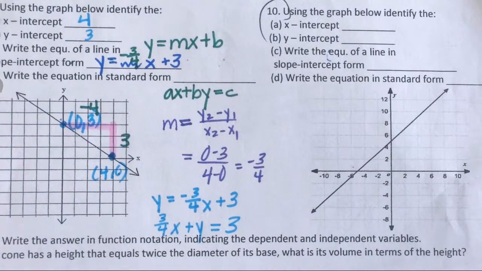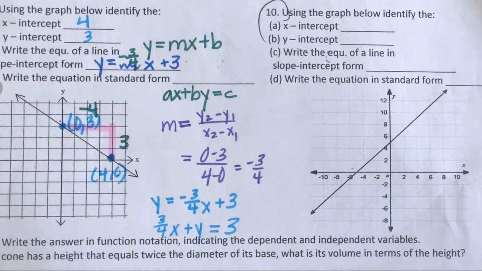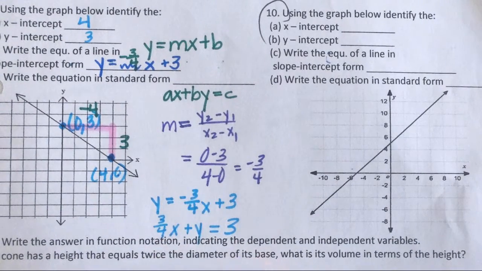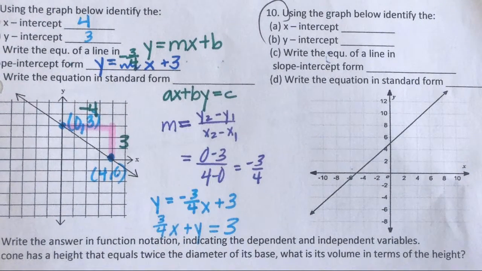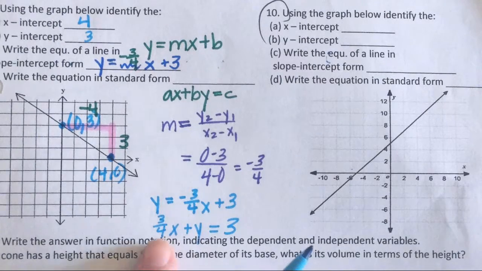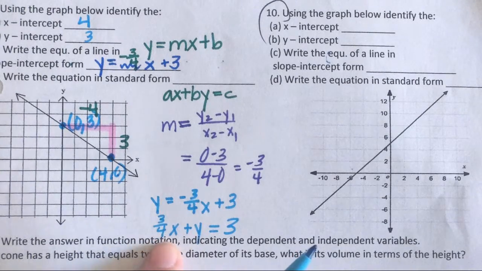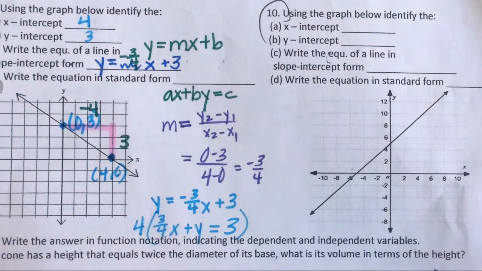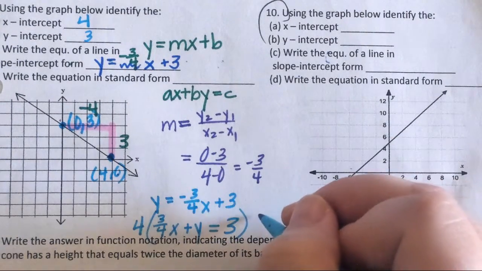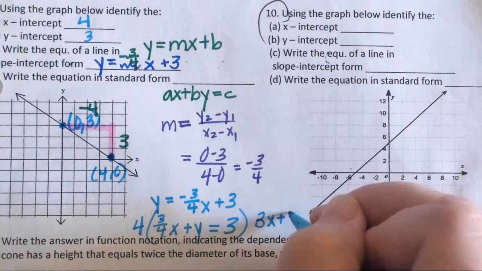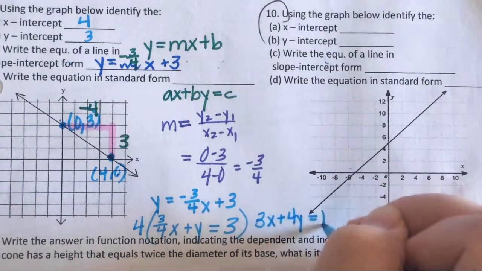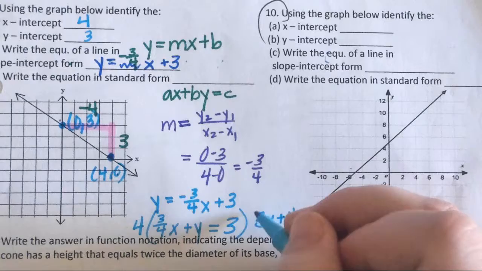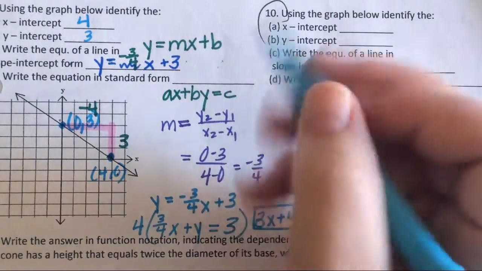However, your algebra teacher would be so mad at you if this was your final answer, because in standard form you're not allowed to have a fraction in front of the x. So we're actually going to multiply everybody by 4, and we'll end up with 3x plus 4y equals 12. And that will be our final answer.